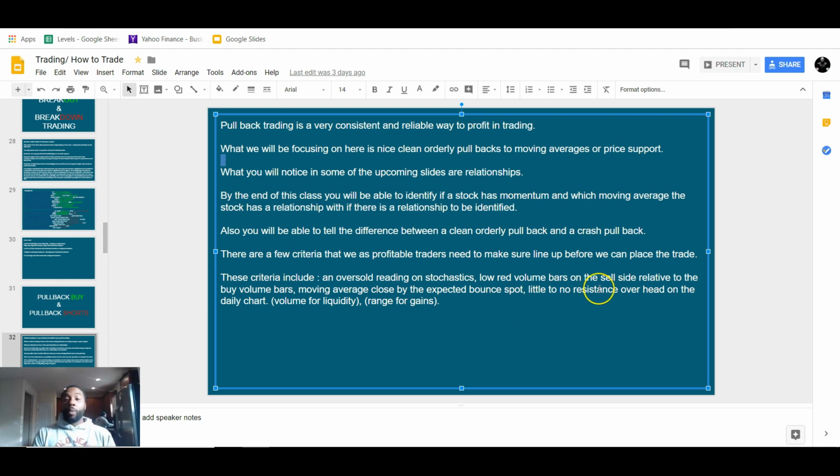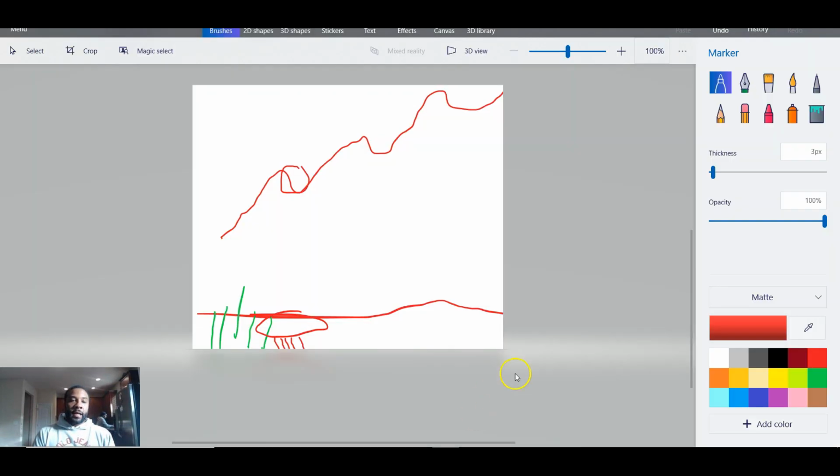So we want little to no overhead resistance on the daily chart. Meaning, if I said this was the daily chart, and say this was the IPO, the day it started, this birdie can fly free, right? This birdie can go anywhere it wants to. Man, that's a horrible arrow.